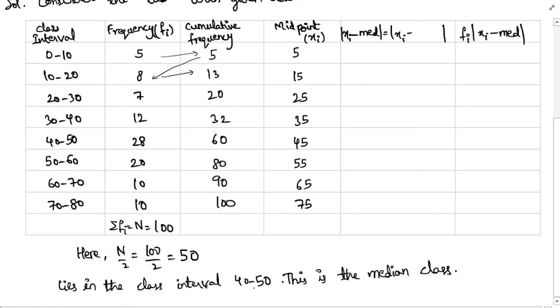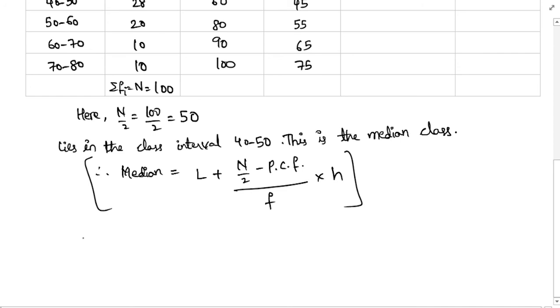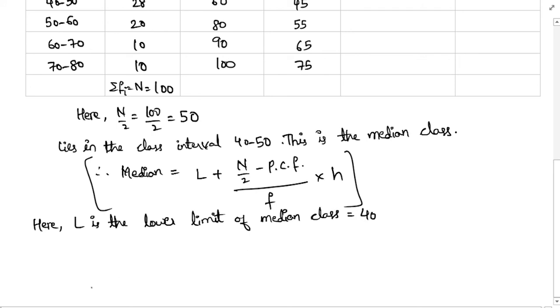Therefore, there is a formula that median is equal to L plus n by 2 minus PCF, divided by f, into h. I'll tell you what PCF is. This is the formula to find the median. Where L is the lower limit of the median class, which is equal to 40 here, right?